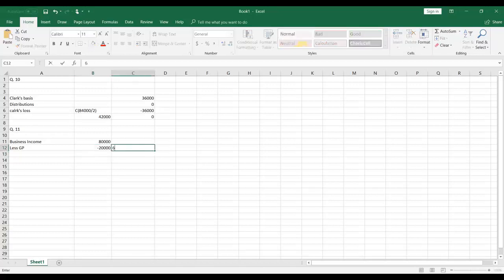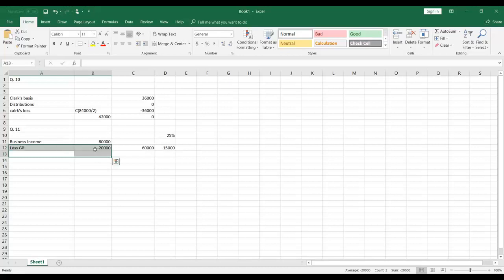So the business income that gets allocated is 25% of $60,000, right? Because she's a 25% owner. Then what else gets allocated to her? The net long-term capital gain. How much was that? 10,000.